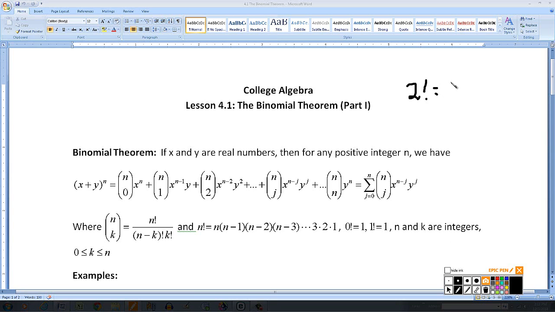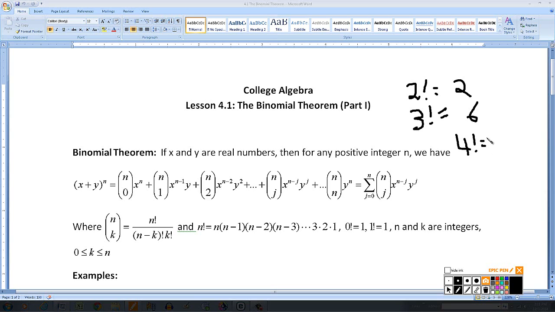Either way you want to look at that, that's going to give you 2. 3 factorial will give you 1 times 2 times 3, or 3 times 2 times 1, which is 6. 4 factorial, again, is 1 times 2 times 3 times 4, or 4 times 3 times 2 times 1.